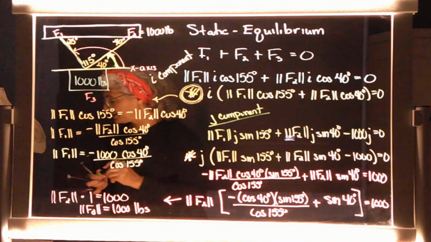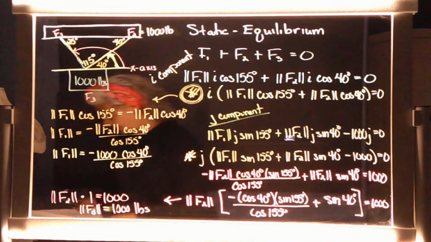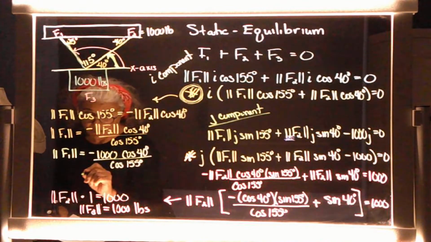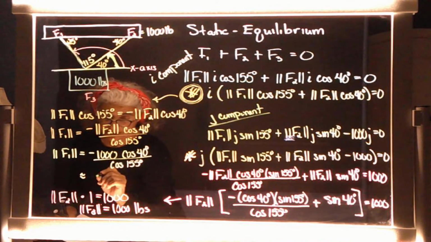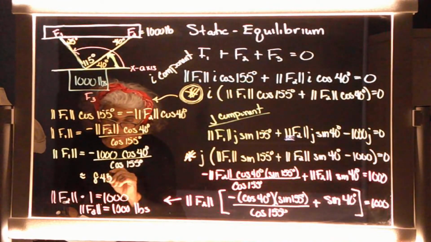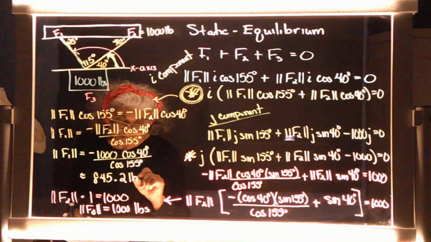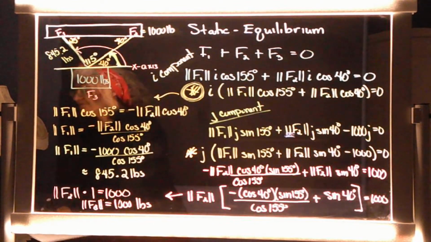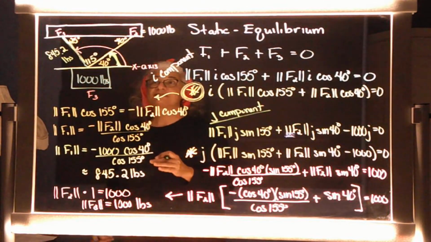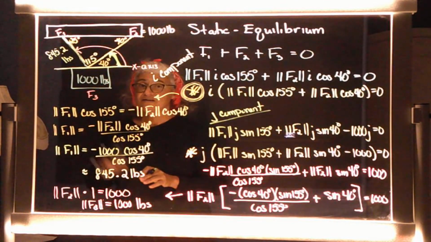When you punch that into the calculator and work that all out, we get that the tension on the left side is approximately 845.2 pounds. That's the force that's on the other cable.